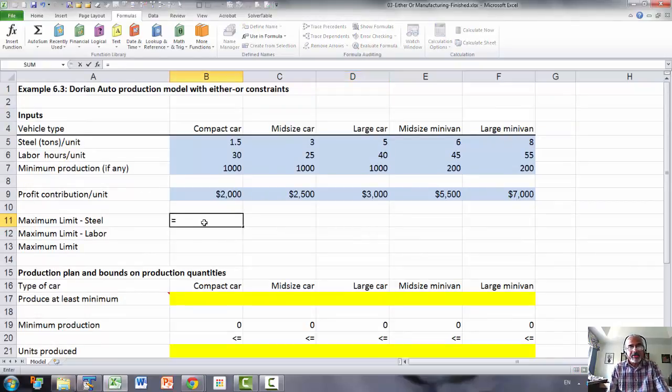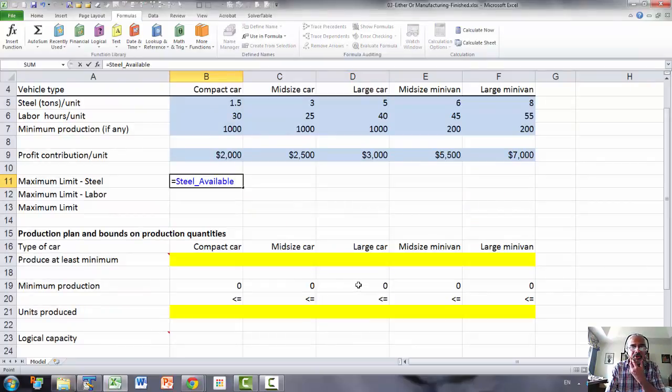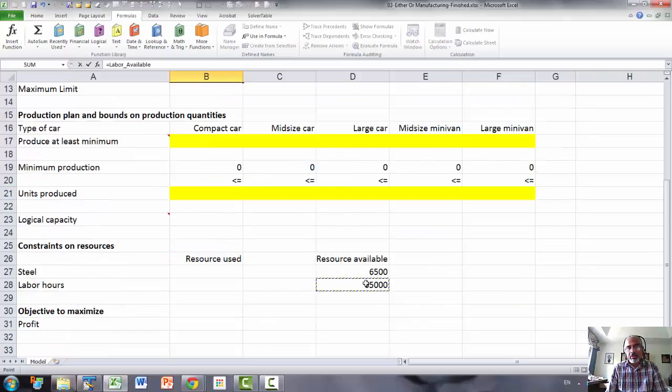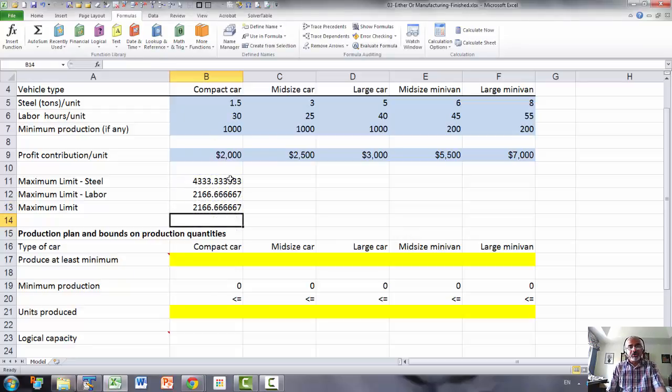So we take steel available, and if we use that steel, the entirety of it in compact car alone, then the maximum that you can produce is that. Now if you take the labor and apply that labor entirely to compact cars, then that's what you can make. So the minimum between the two is the maximum possible value for compact car manufacturing.